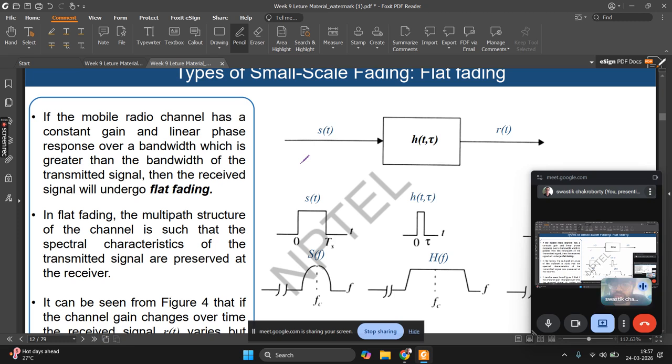So basically, if you send a signal that does not have a bandwidth higher than the coherence bandwidth of the channel, then all the frequencies will undergo the same amount of fading. This is known as flat fading.